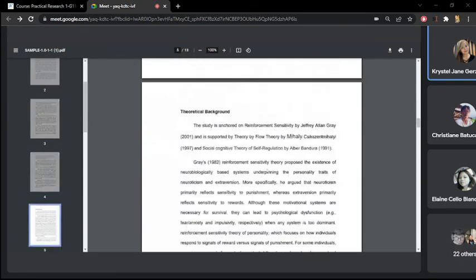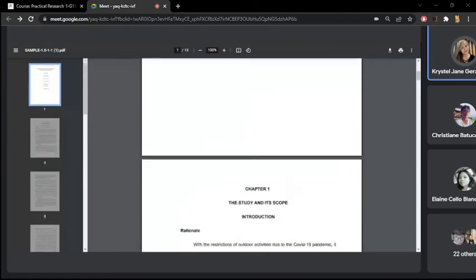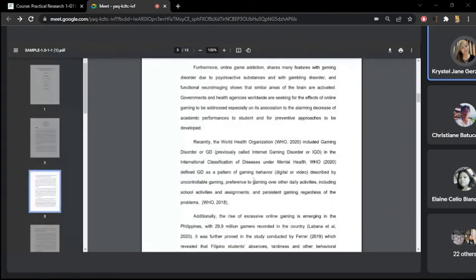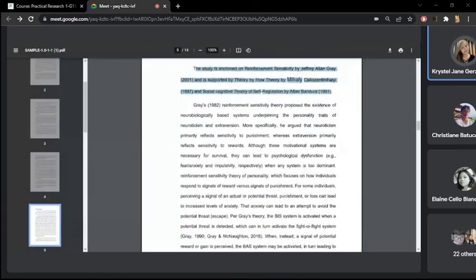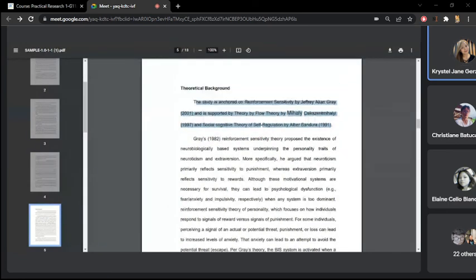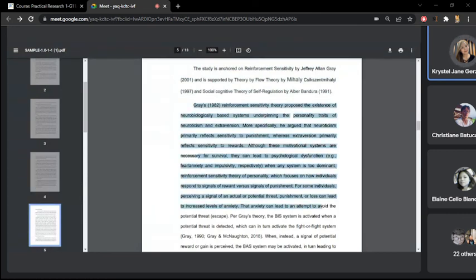Theoretical background. So you have there, the study is anchored on reinforcement sensitivity theory and is supported by theory of flow and social cognitive theory. Now this again is talking about online game addiction. If you look at the titles, nobody mentioned a game addiction theory or something like that. So expect, guys, that you will not immediately find theories.